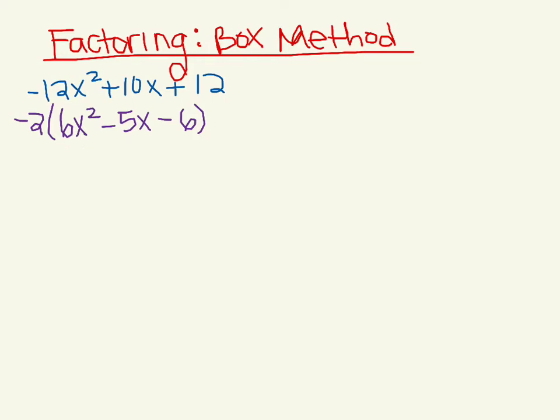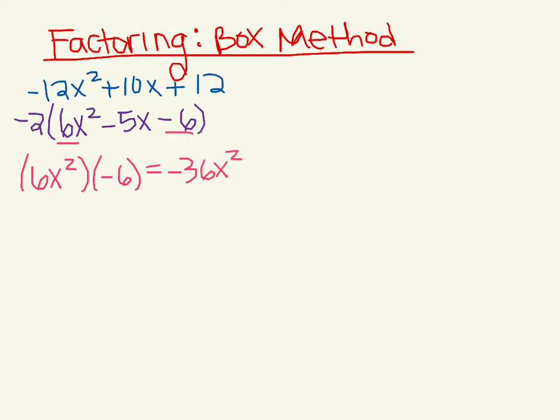So to use the box method, I take the first term and the last term and I multiply them together. That gives me 6x squared times negative 6, which is equal to negative 36x squared.